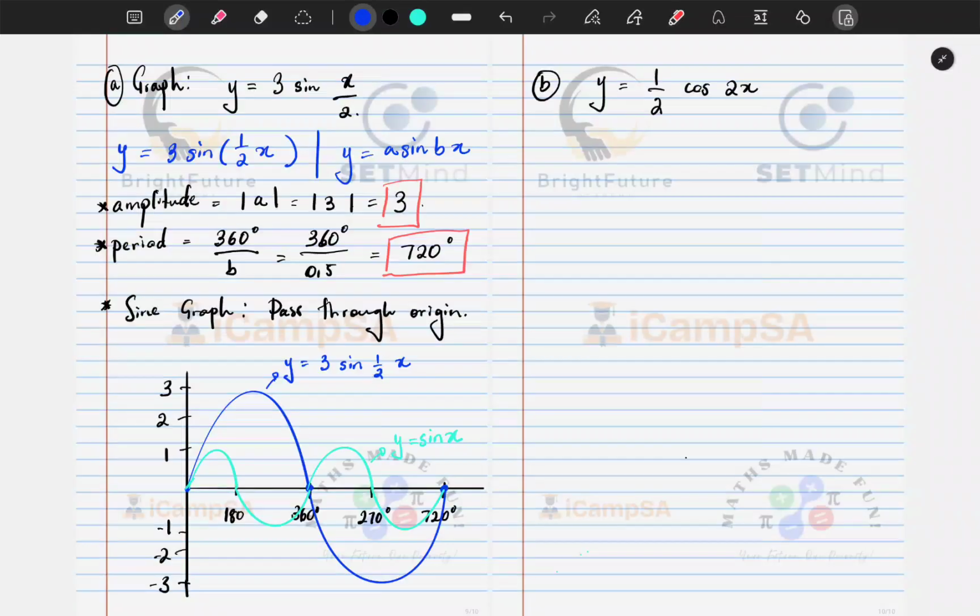The difference is this factor, right? This factor affects the period of the graph here, right? It took us 360 degrees to complete one cycle, but now it takes us 720 degrees to complete how many?